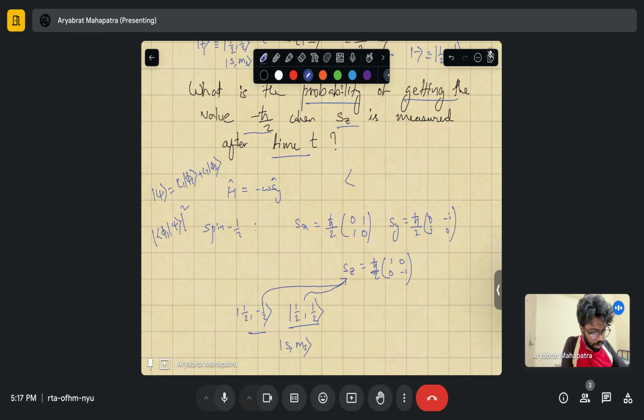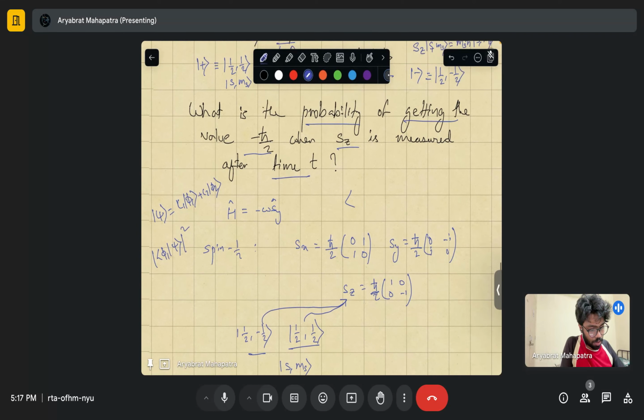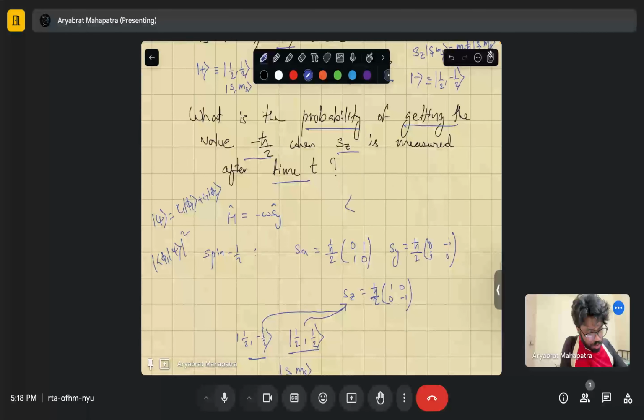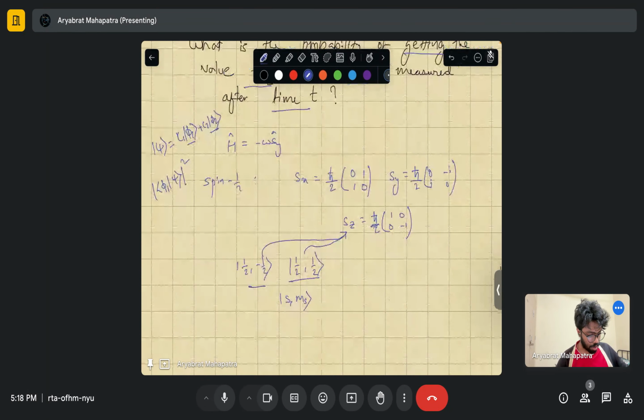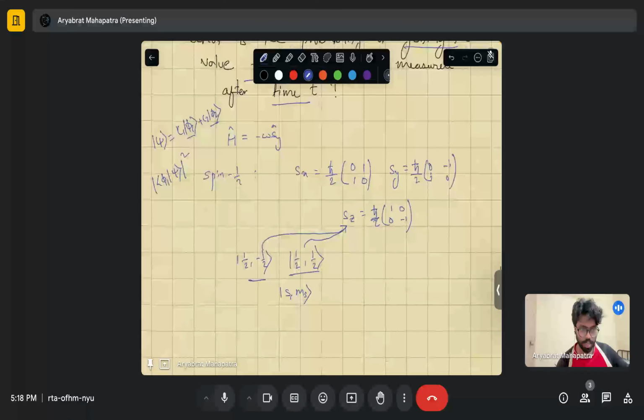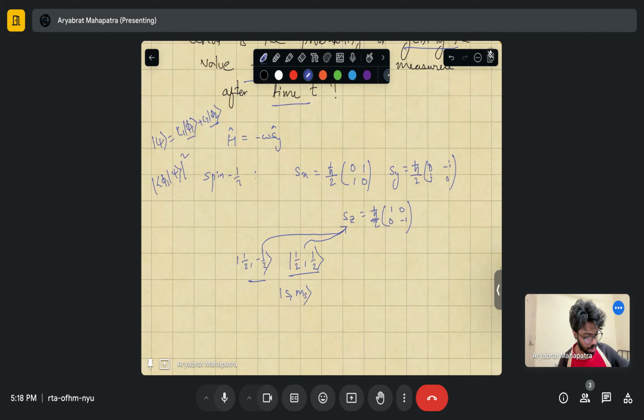So here we also need to calculate the probability, but we need to calculate it in terms of eigenstates. These phi 1 and phi 2 are generally the eigenstates. The eigenstates that we have normally been studying so far for the Sz operator are denoted as the S, m_s states.